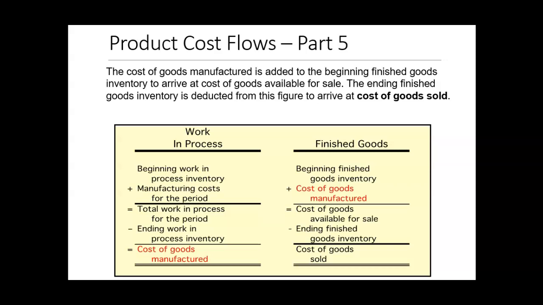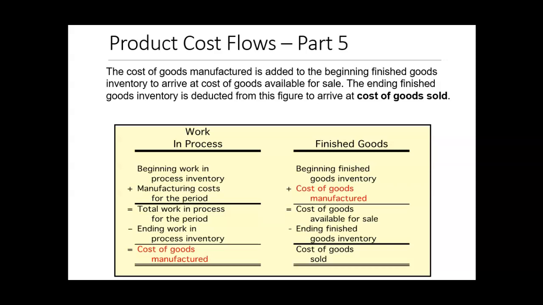That shows the amount of inventory we had available to be sold to our customers during the course of the accounting period. You'll then subtract your ending finished goods inventory. That's showing what you have remaining, and the difference is your cost of goods sold. Remember before that we had 1,000 gold medallions, but we sold 750 of those gold medallions.